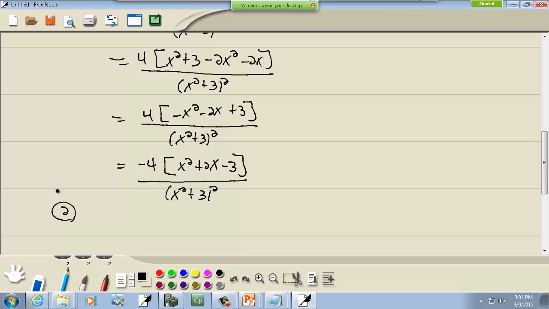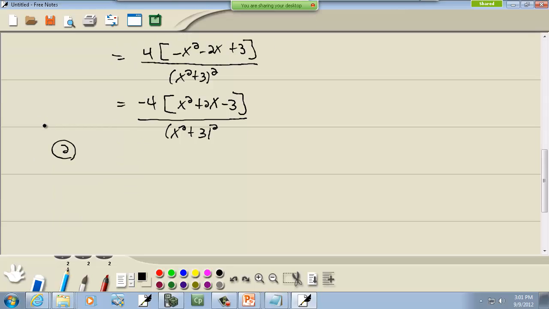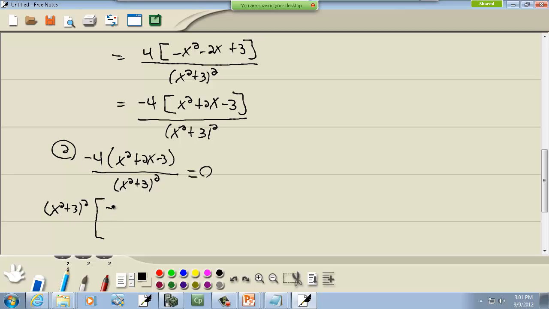Now, second step is to set that equal to 0 and solve it. Well, if I got negative 4, and I'll change that to parentheses, x squared plus 2x minus 3 over x squared plus 3 squared equal to 0. This is a rational equation, and we'll multiply both sides by x squared plus 3 squared to get rid of the rational part.